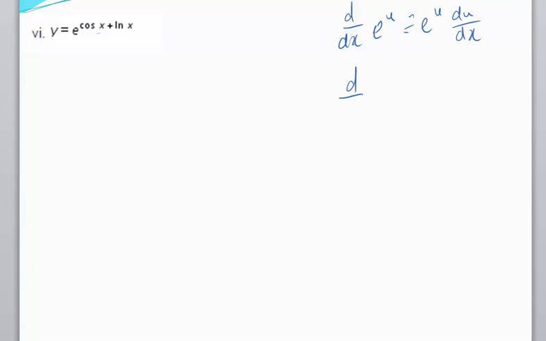So we're saying d/dx of cosine of u is equal to minus sine of u du/dx. And we're going to look now at what this actually means. So we split this up here. We've got y is equal to e to the cosine of x plus our natural logarithm of x. So this becomes e to the cosine of x multiplied by e to the logarithm of x.